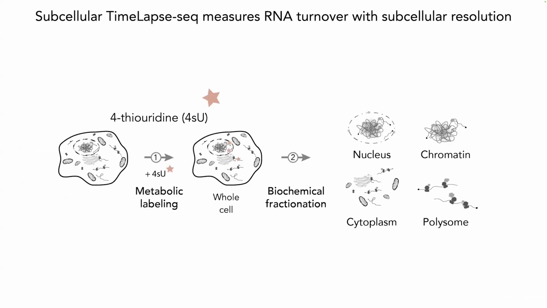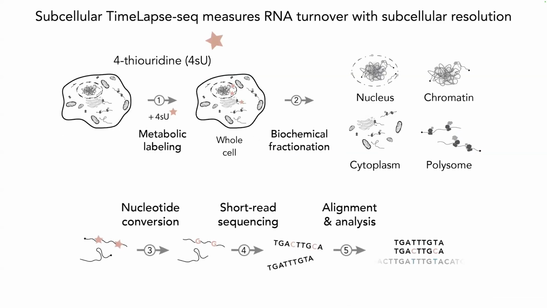And so we decided to take modern approaches in order to get at these questions, and we are using 4-thiouridine, which is a uridine analog. You add it to cells, it's incorporated into RNA, and then we can use biochemical fractionation into nuclei, chromatin, cytoplasm, and polysomes in order to purify the RNAs from these different cellular compartments.